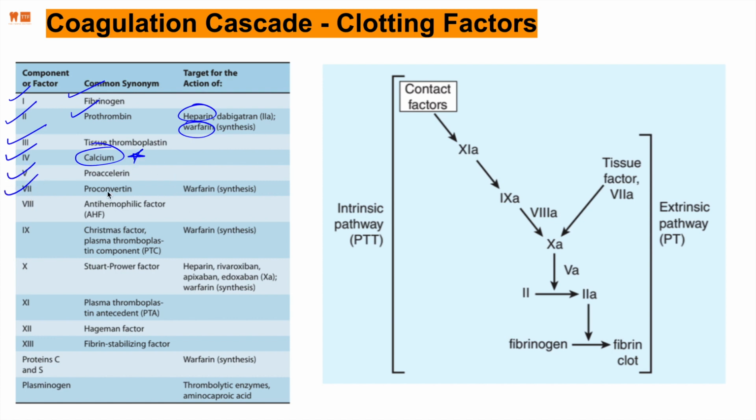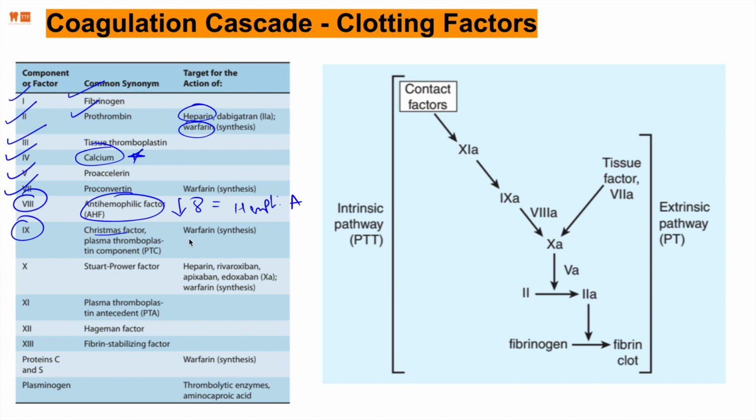Other factors, which is factor number 8, the antihemophilic factor. Remember, when there's a deficiency of factor 8, we have hemophilia A. Factor number 9 is also known as Christmas factor, plasma thromboplastin component.